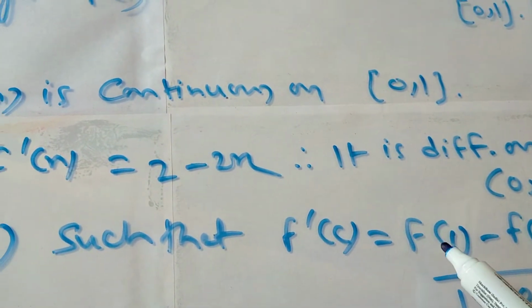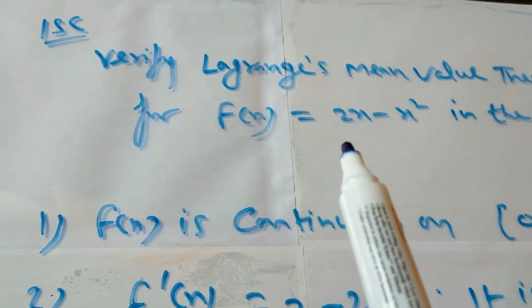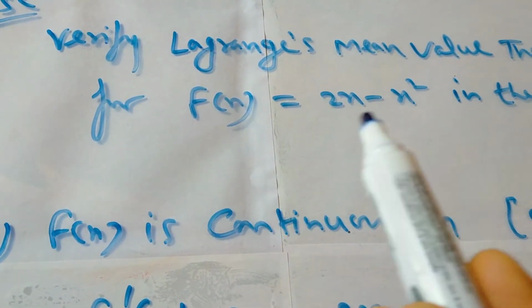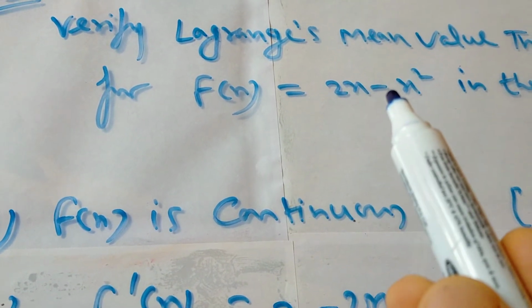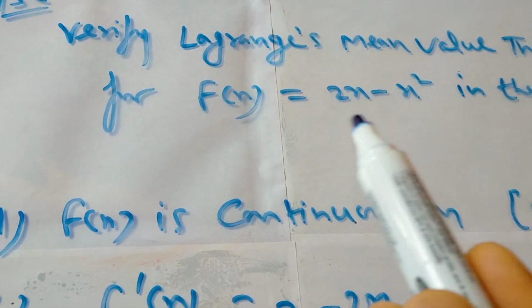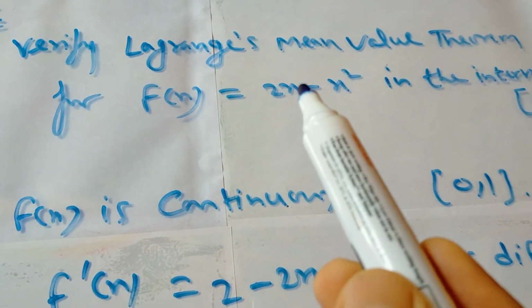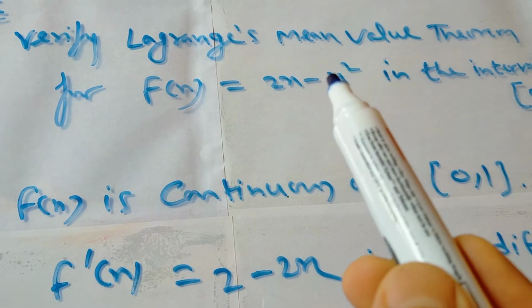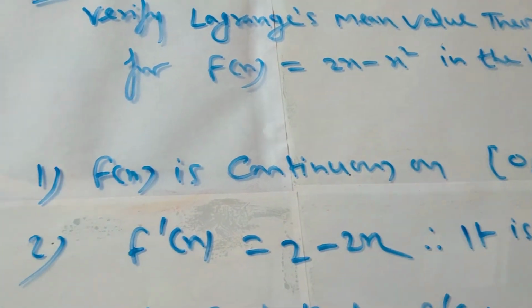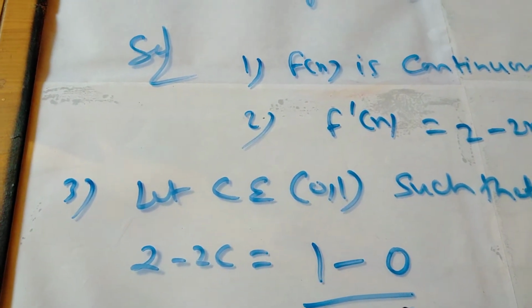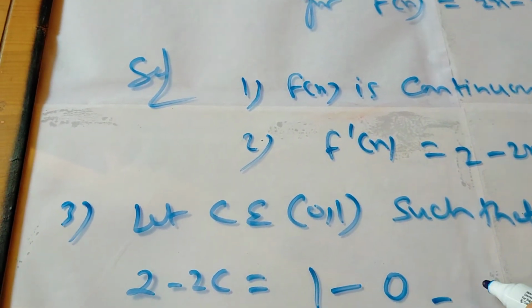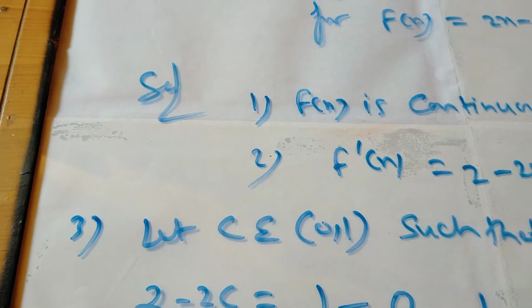To calculate f(1), substitute 1: 2 into 1 minus 1 square, so 2 minus 1 is 1. Now f(0): substituting 0, everything will be 0. So 1 minus 0, and the answer is 1 upon 1, which is 1.